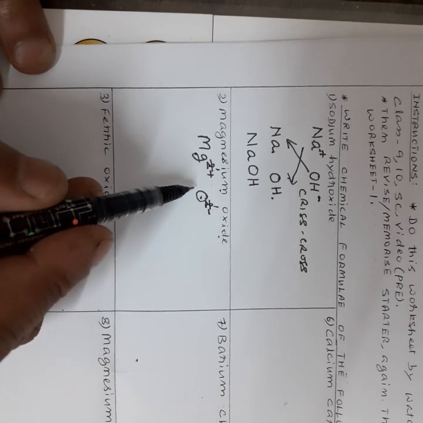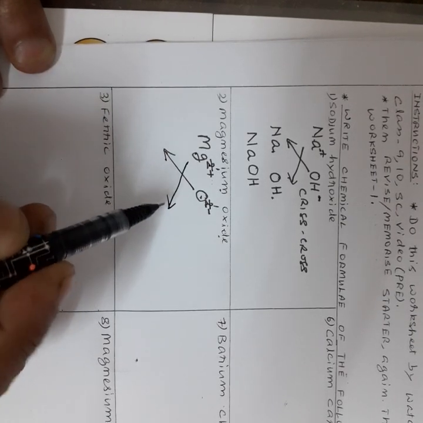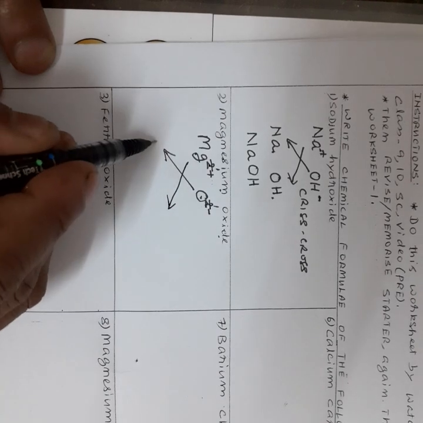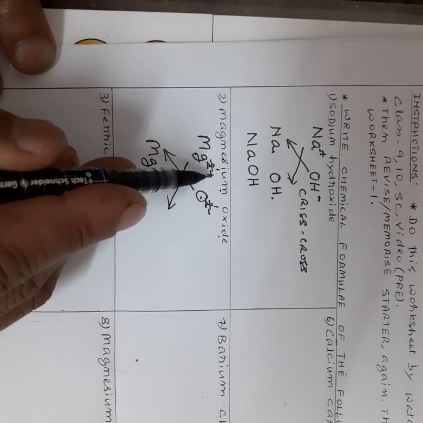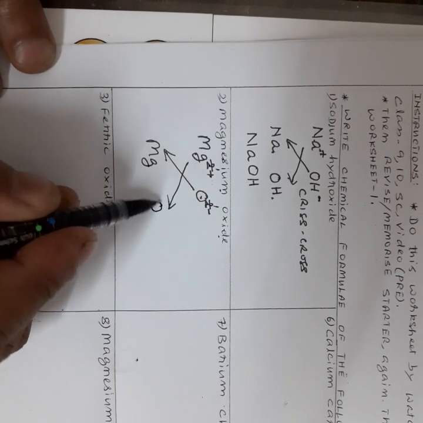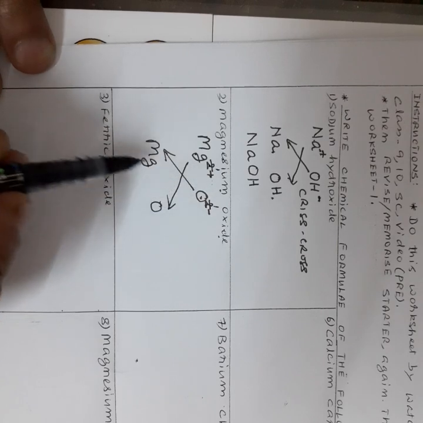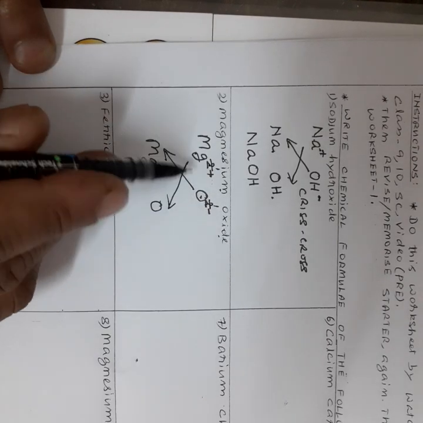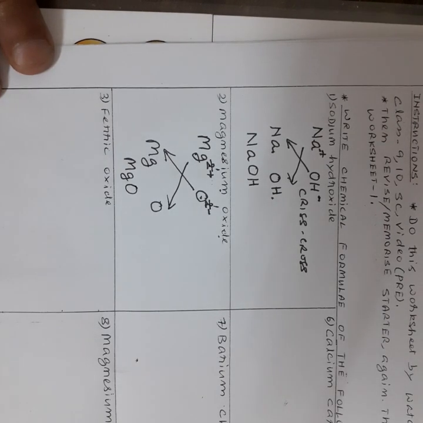After that we go to the third step, the crisscrossing of the valency. We just write the symbol Mg without the top number 1 plus, and here O without the 1 minus. Since both here are 1, we need not shift the number. It will be simply MgO, the formula of magnesium oxide.